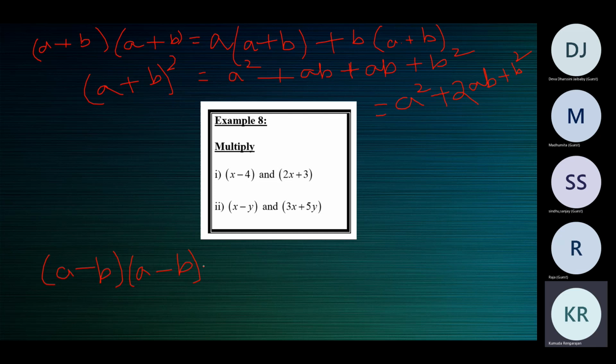Yeah, what's the answer? Ma'am, A square plus 2AB minus B square, ma'am. Wrong. Ma'am, A square plus 2AB plus B square, ma'am. No.